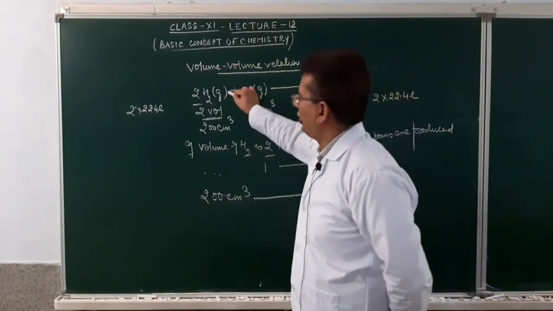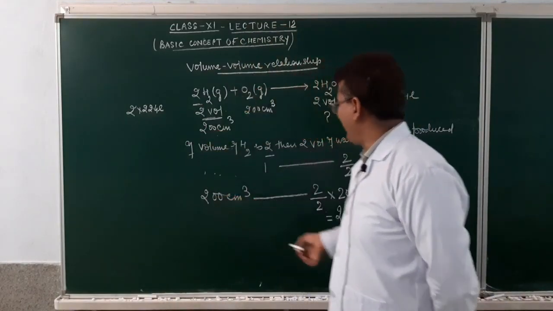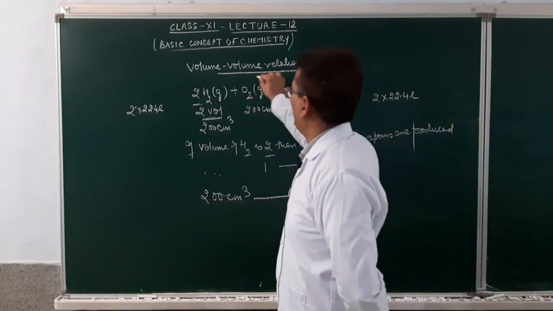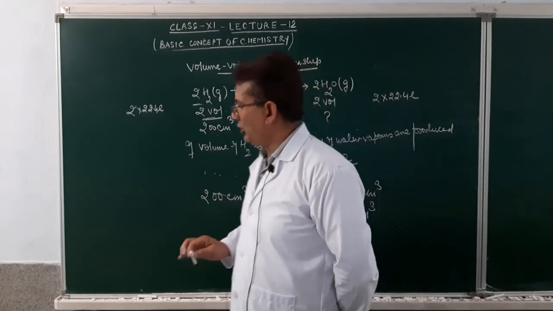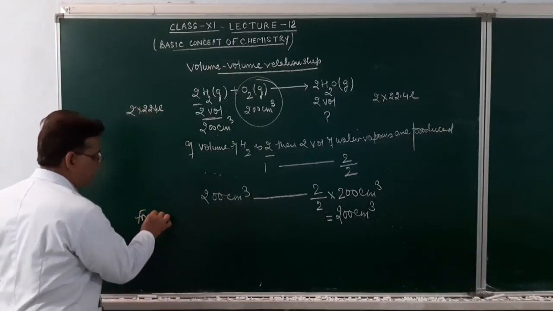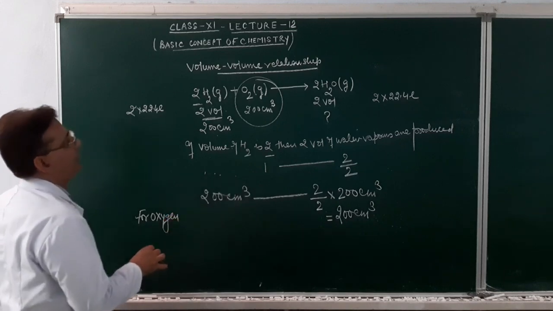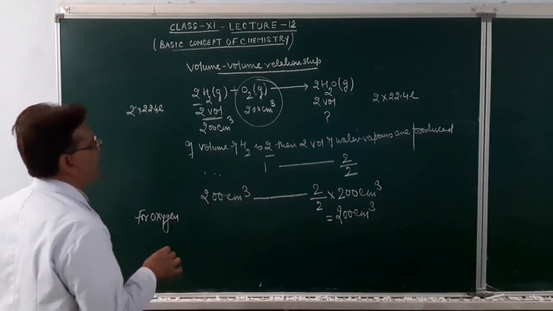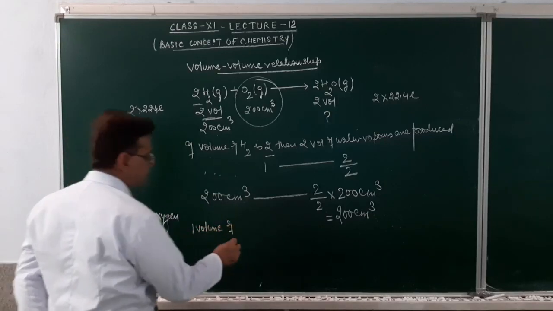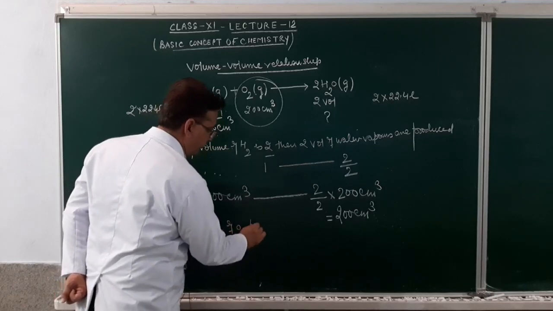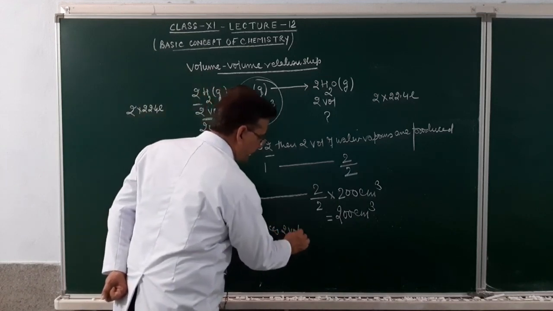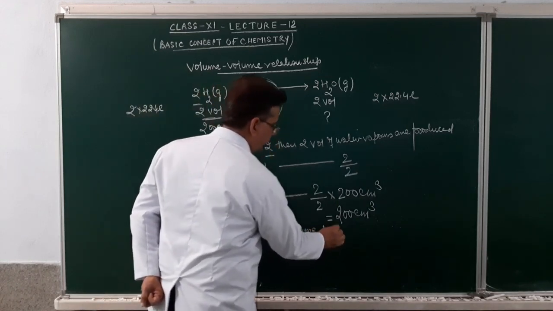So from 200 centimeter cube of hydrogen, we have already calculated that 200 centimeter cube of water vapor is produced. Now suppose I calculate from oxygen. For oxygen, 1 volume of oxygen produces how many volumes of water vapor? 2 volume of water.